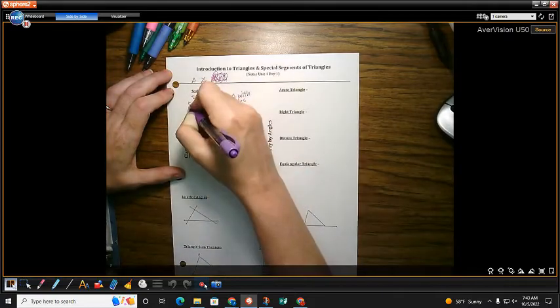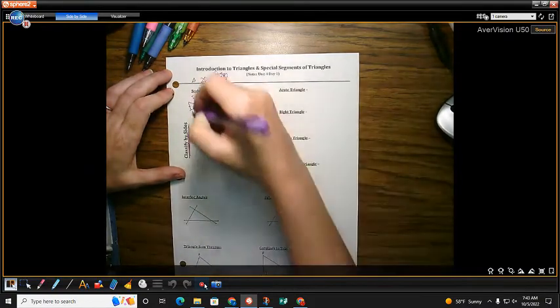How can you make for sure that it's scalene? You have to show that all three sides are different lengths. So maybe you mark this one with 1 mark, and this one with 2, and that one with 3. That would prove it's scalene. Or I might tell you all 3 lengths, and you'd know that 27 and 17 and 10 are not all the same length, or something like that. Okay? So that's scalene triangle.